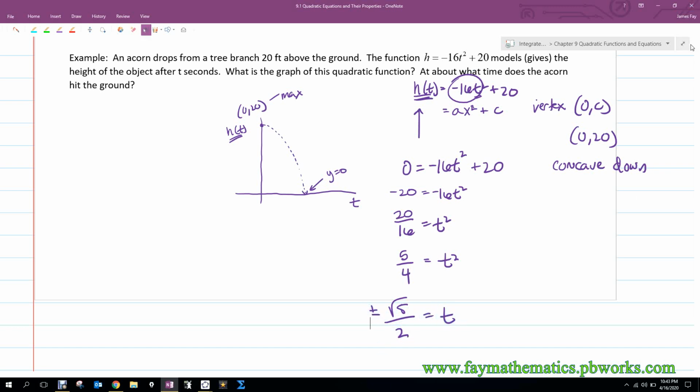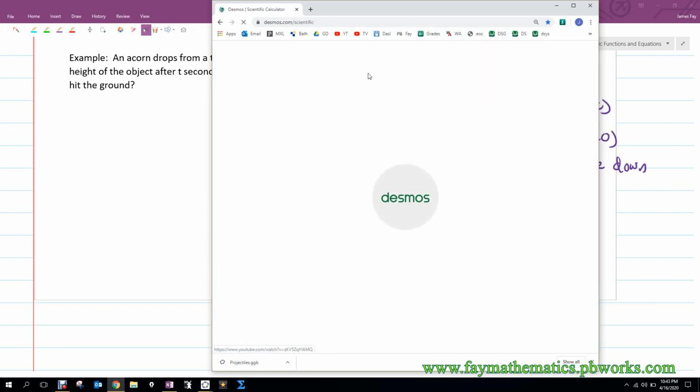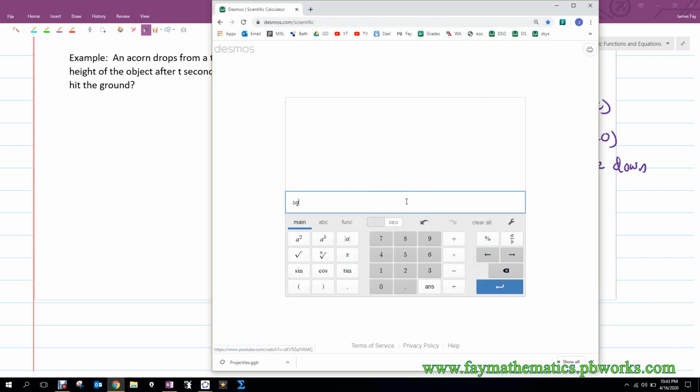Now you can use Desmos or whatever you want to evaluate that. Let's get Desmos up real quick. If I go square root of 5 divided by 2, it gives me that number right there. And that's a time, that's in seconds. So that's how many seconds it takes for this thing to hit the ground.